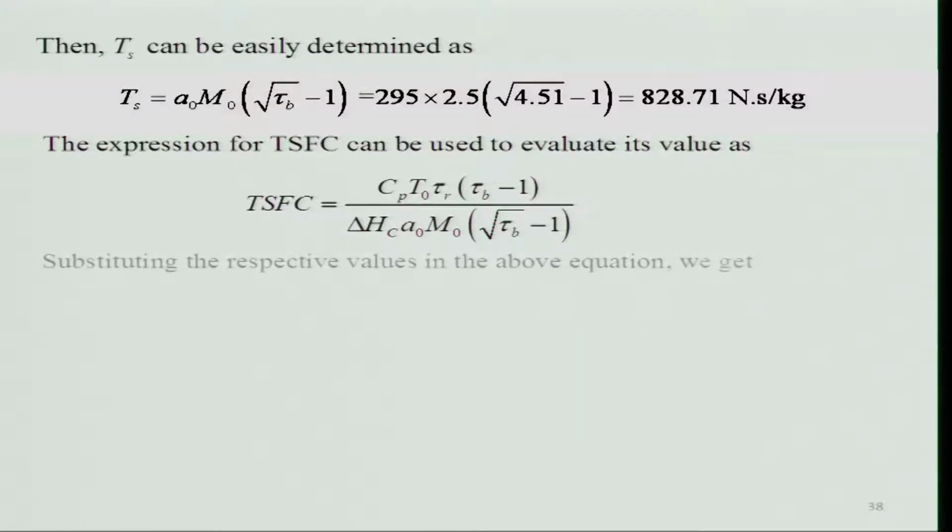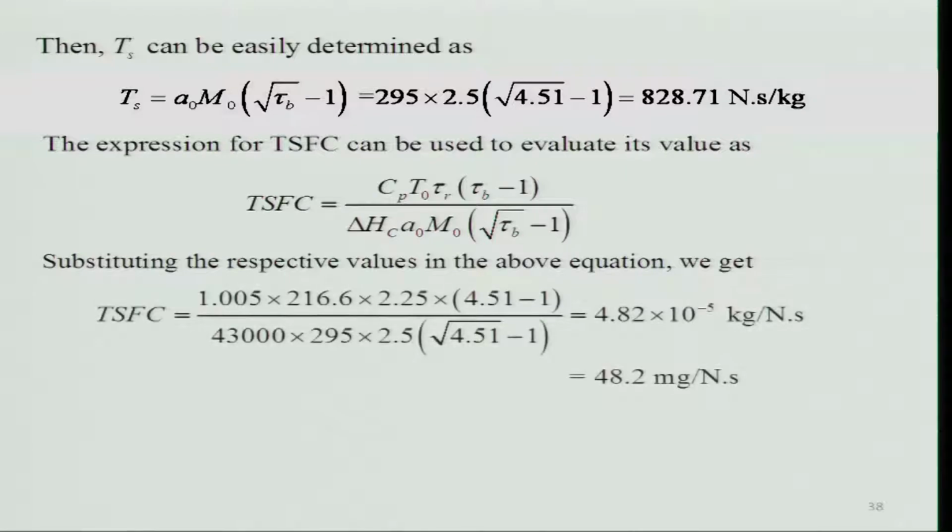So do you know this tau R? Tau R is a very simple thing. What you will have to do, tau R is equal to 1 plus gamma minus 1 divided by 2 M naught square. So I know these values, I know gamma, so I can find it out very easily. And tau R is basically what you call Tt naught by T naught or Tt2 by T naught, whatever.